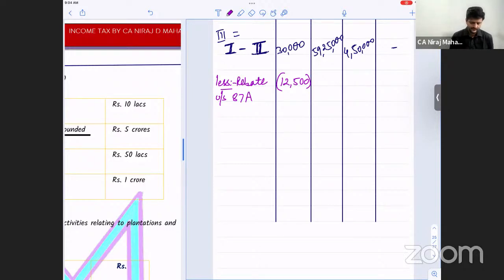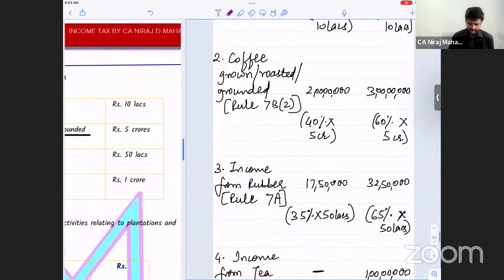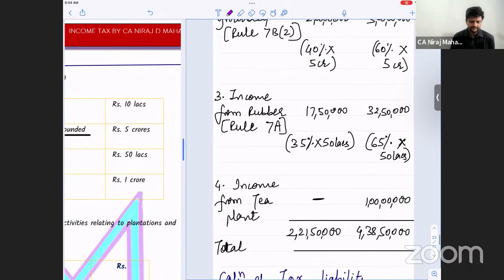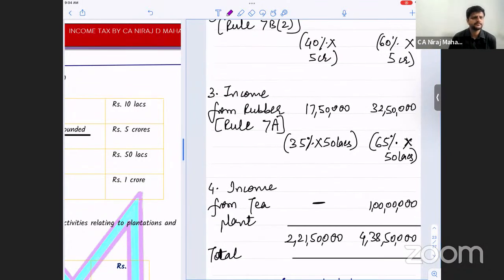Done? Now, case number 2, tell me, bacho. Can we give rebate? Should we give rebate? No. Case number 3, can we give rebate? No, Mansi. Because it is 17,50,000, no? NTI. Correct? And case 4 is, there is no tax liability in case 4 right now, whatever we are discussing for case 4.